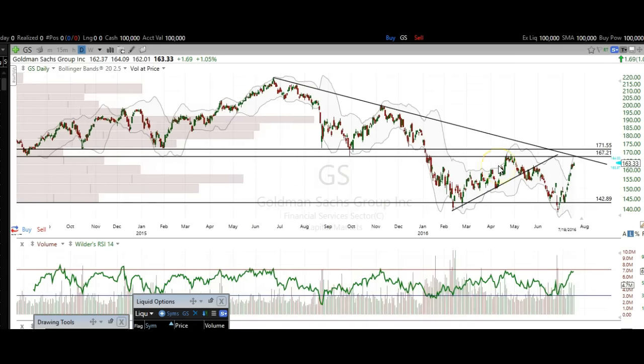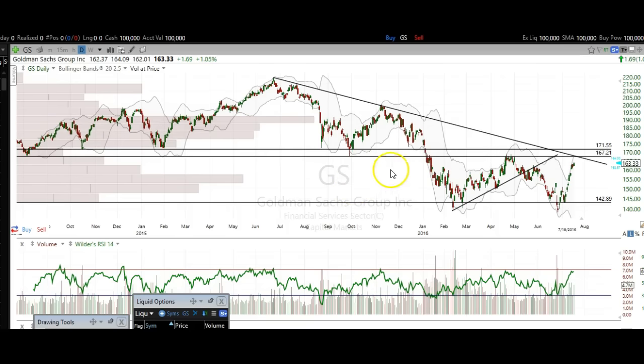Notice how also this was a big level right here, right around 167 to 171. The lows right here, here, here, here, here, and here, and we broke down below that level. You can see how many times that we bounced from that level. That means it's a very important level.